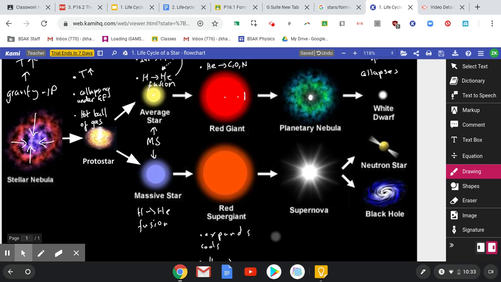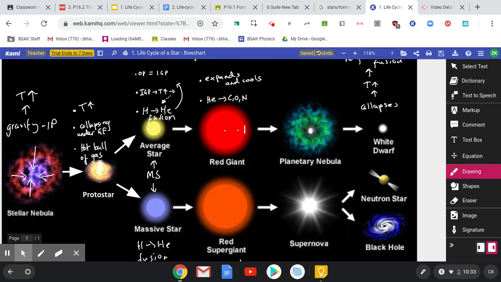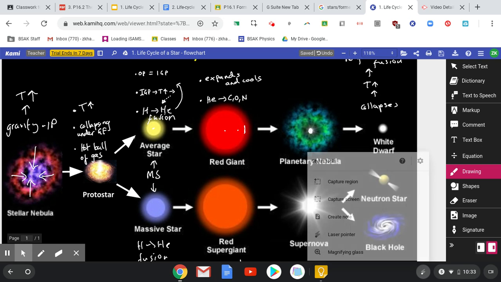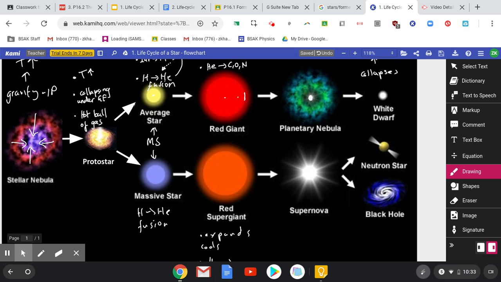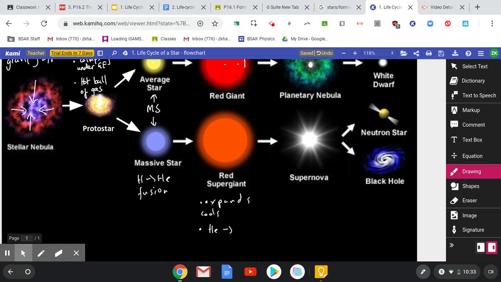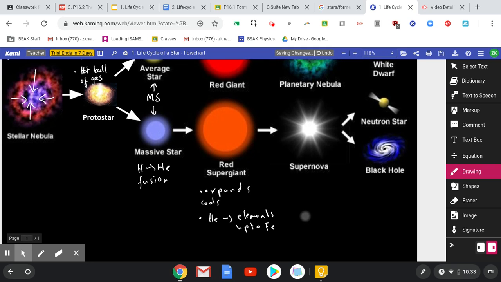But now, rather than being limited to fusion of helium to elements such as carbon, oxygen, and nitrogen, it has more gravity because there's more mass available, and as a result, there's a higher temperature, and this helium fuses elements up to iron. Fe is the symbol for iron.